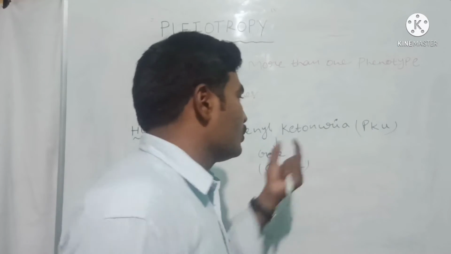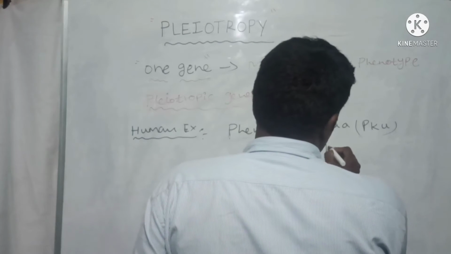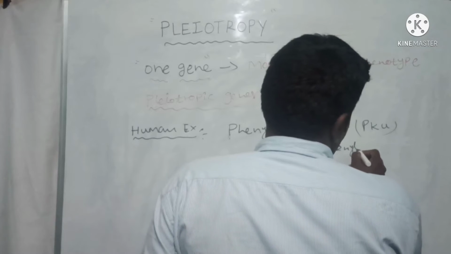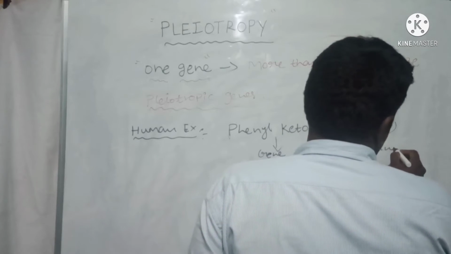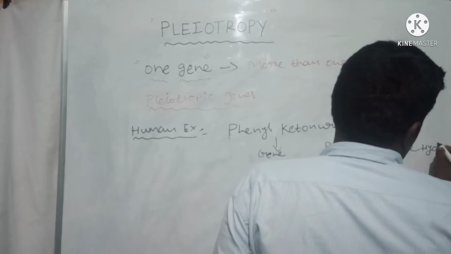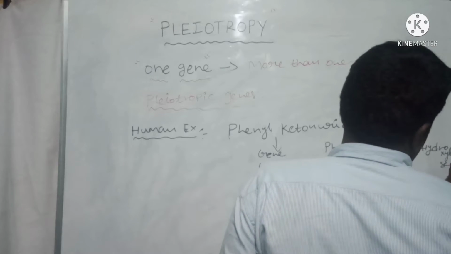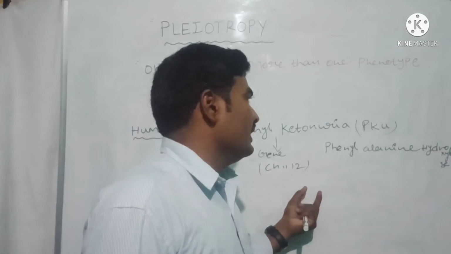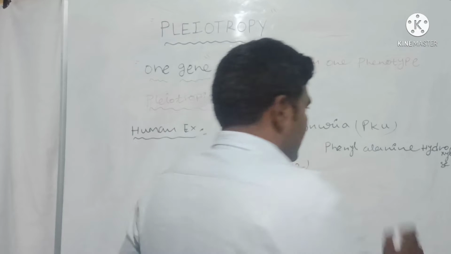Chromosome number 12 codes for the phenylalanine hydroxylase enzyme.